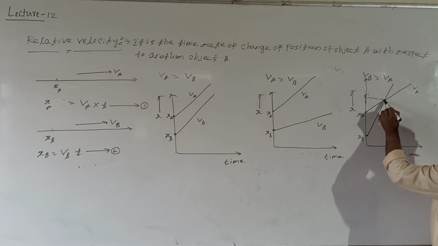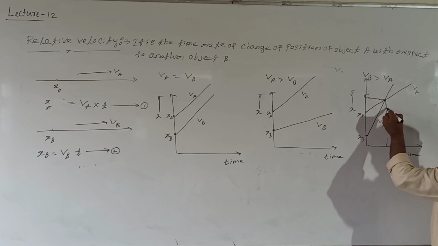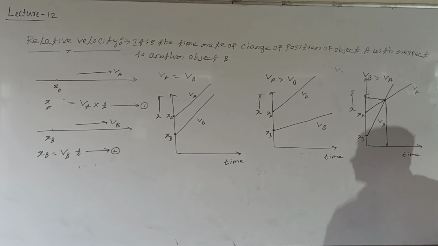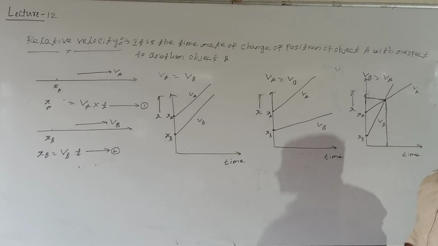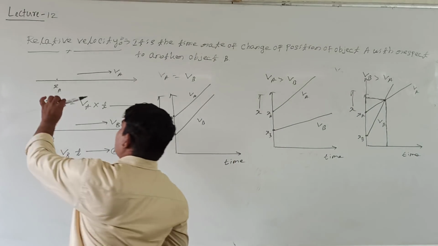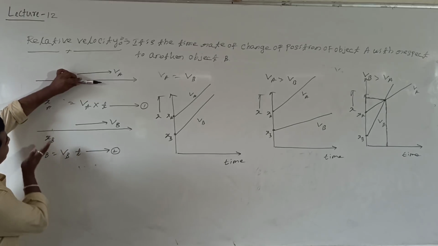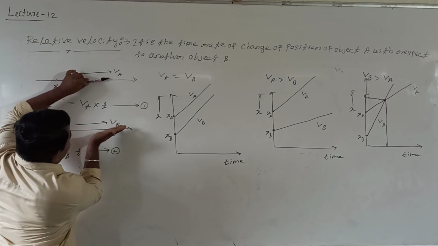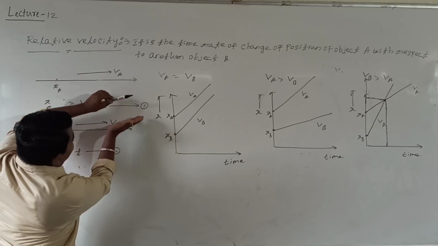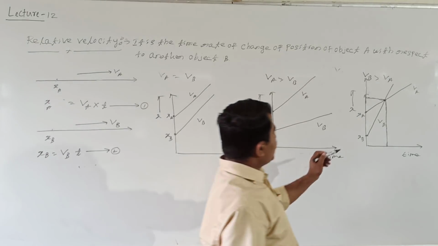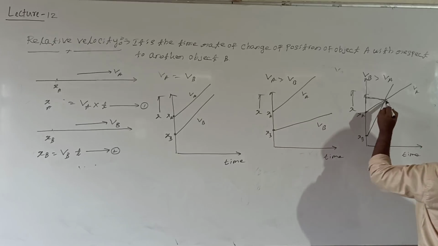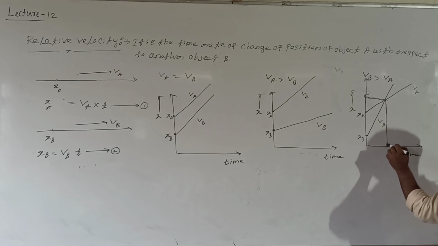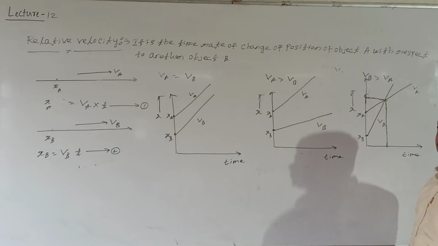This position we are calling the meeting position, and this time we are calling the meeting time. When B moves very fast and A moves slowly, at some point both bodies can meet, represented by this position and this time.